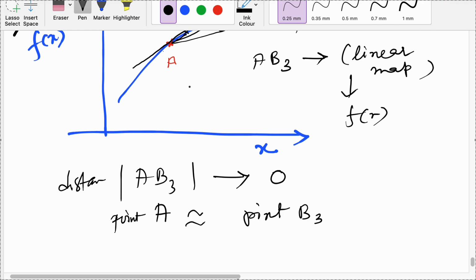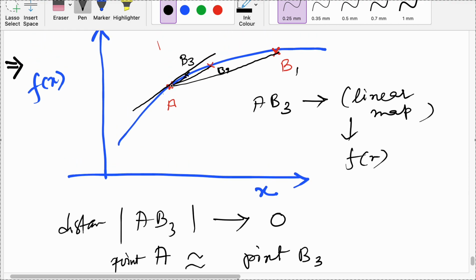So from here we know that at point A, that system behaves exactly like the tangent.